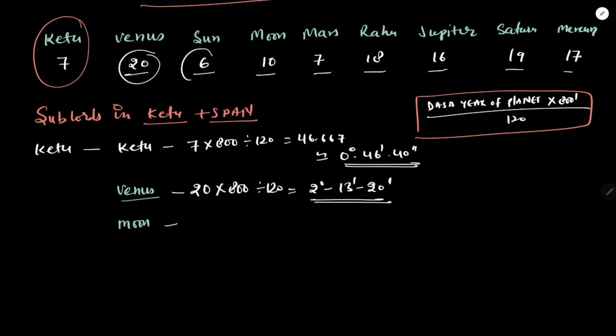Then for Sun, we have 6 multiplied by 800 in the same formula, divided by 120, and we will get 0 degrees, 40 minutes and 00 seconds. In the same way, we can calculate for all the other planets, and it will look something like this.